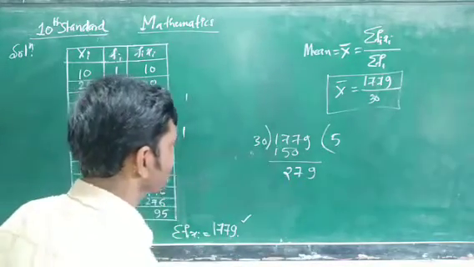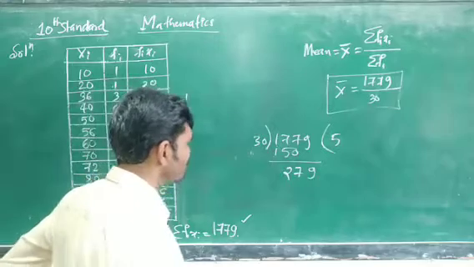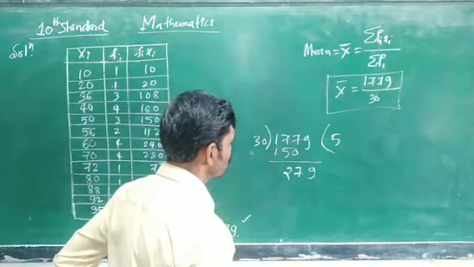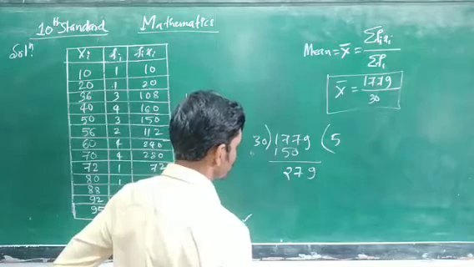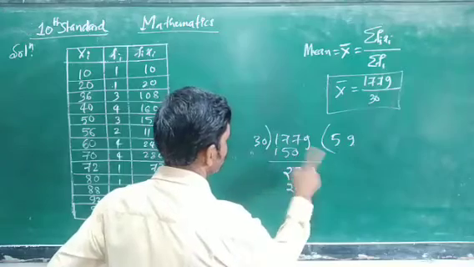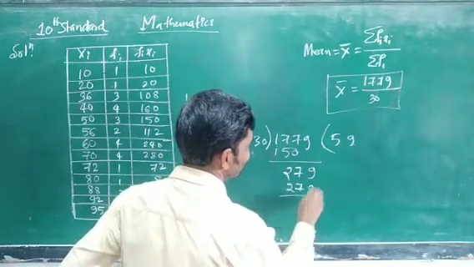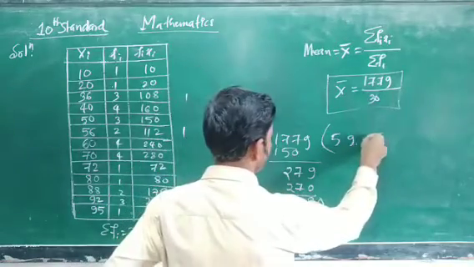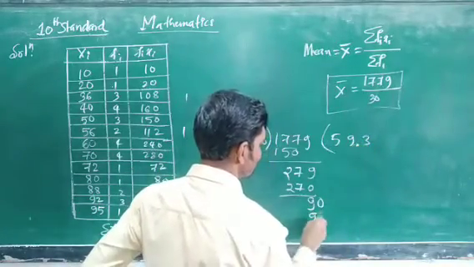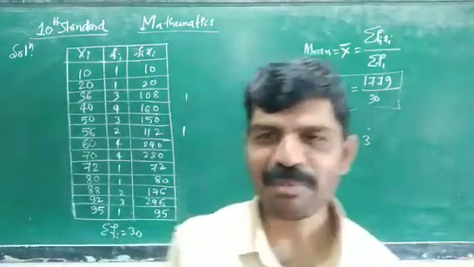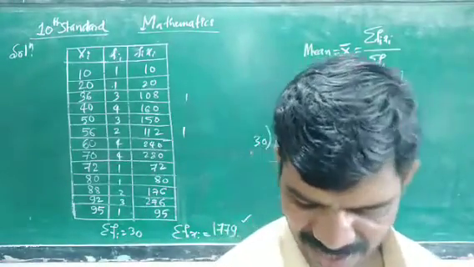So it is also less than 30. 9s are, so this is 9.0. 3s are 90. So 59.3 is the answer.